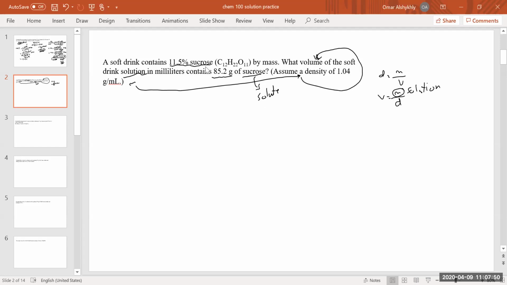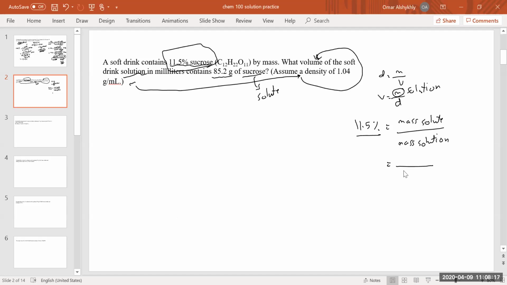But also, I have this percentage, which I can use as a conversion factor. Now look at here, guys. This percentage, what we're learning from the lecture, 11.5%. What does that mean? It means the mass of solute divided by mass of solution. We can use this percentage as a conversion factor.